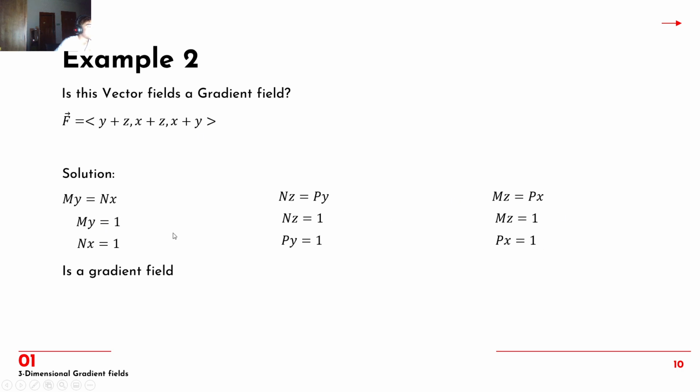So when we differentiate all of it, we got the answer is 1. So all of it is equal to each other. That means this vector is a gradient field.